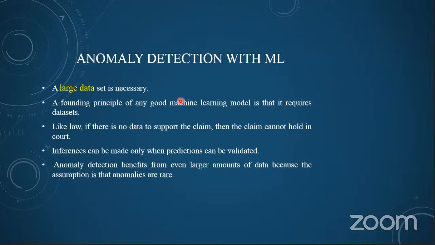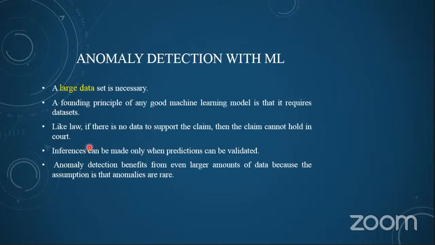Now the next thing is that a large data set is necessary for creating this machine learning model. Why? Take an example from law. Like in law, if there is no data to support the claim, then the claim cannot hold in court.